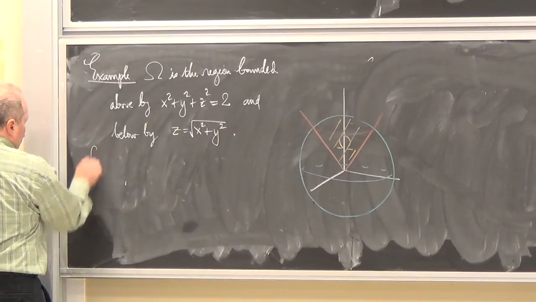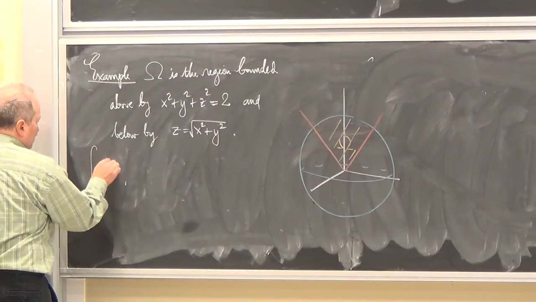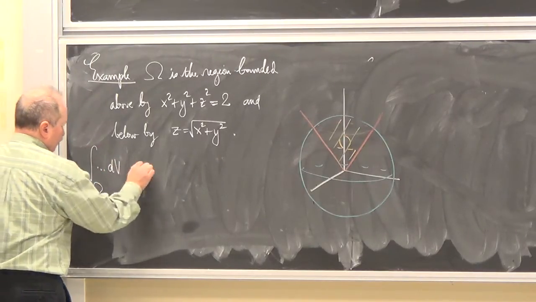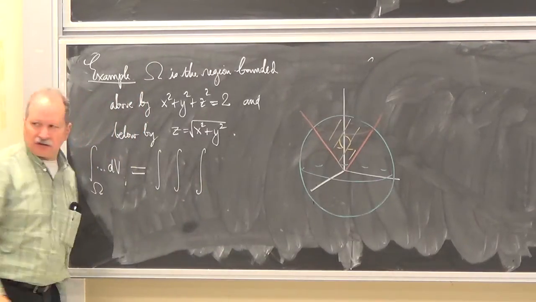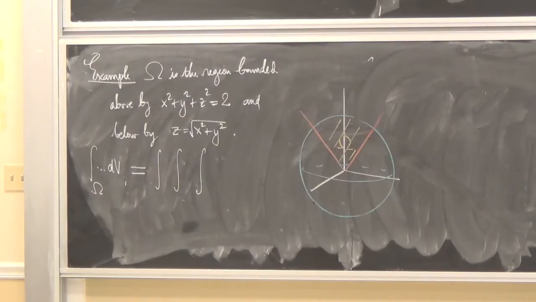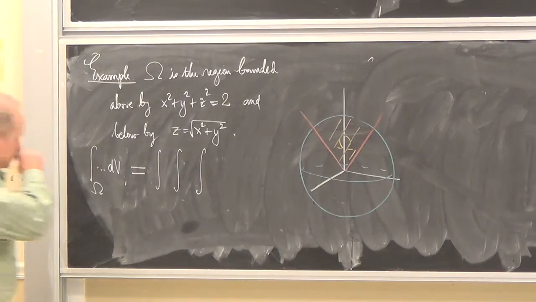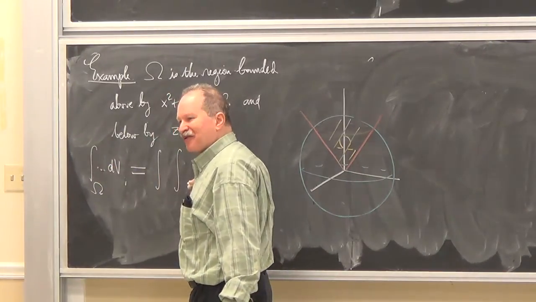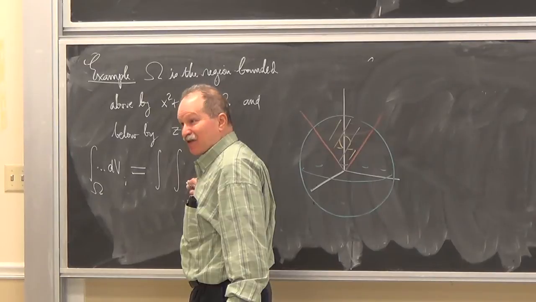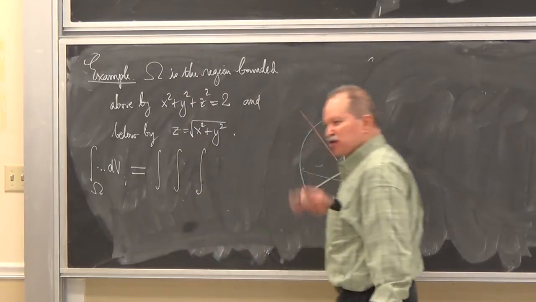So let's set up the integral of blah dv in spherical coordinates as an iterated integral. Was it ever much easier to use spherical than cylindrical? Yes. If, for example, the thing you were integrating had turned into rho, that would be nicer in spherical, as long as the region's reasonable.